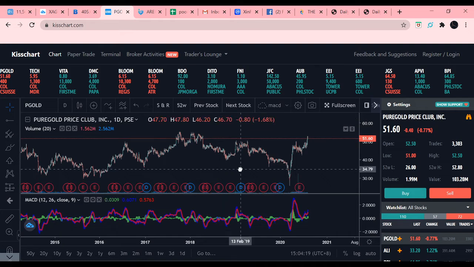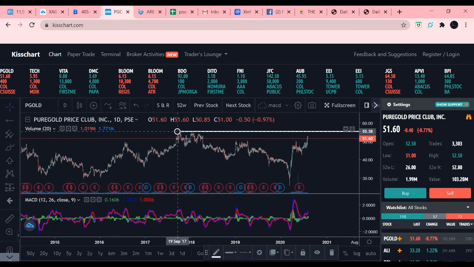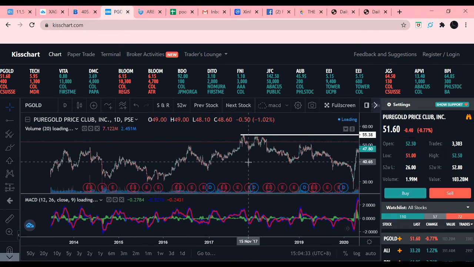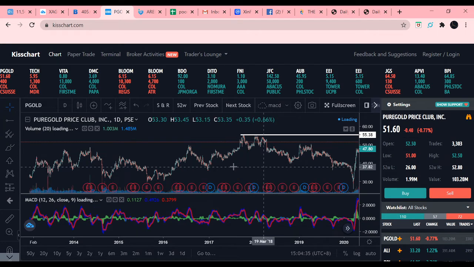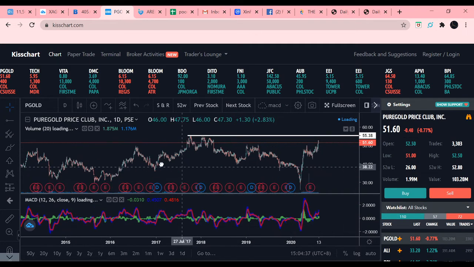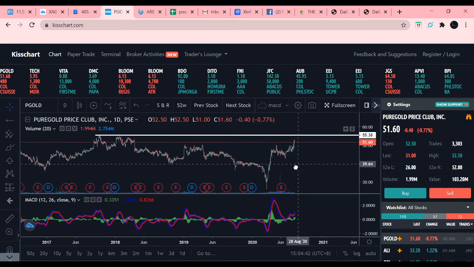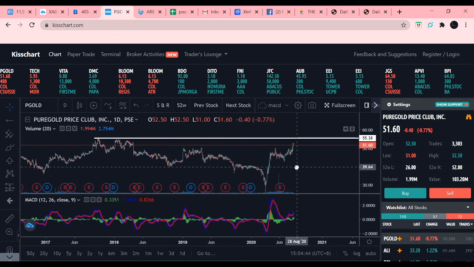Yeah, for this, actually, groceries are actually one of the resilient stocks. Oh, anong nangyari? Ba't ayaw. So, tinitignan ko siya sa possible resistance na sa 55 area.